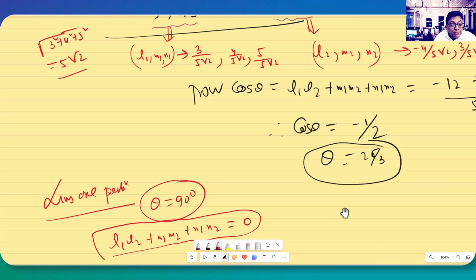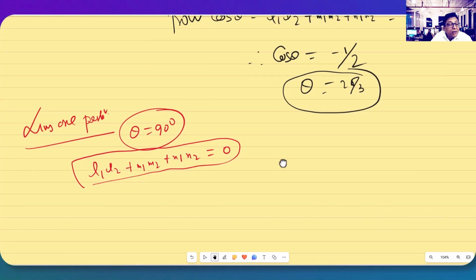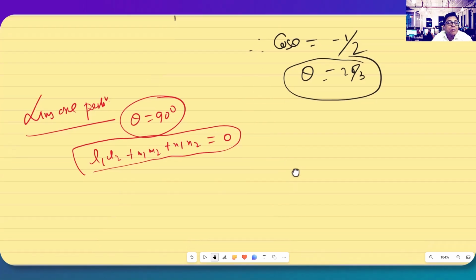So if two lines are perpendicular, their direction cosines are related by this. Sum of their product taken two at a time is going to be equal to 0. Clear? So once you get all these things, the condition for perpendicular lines you got.